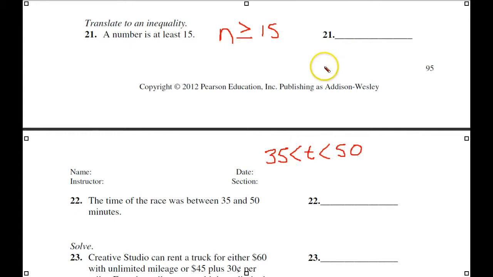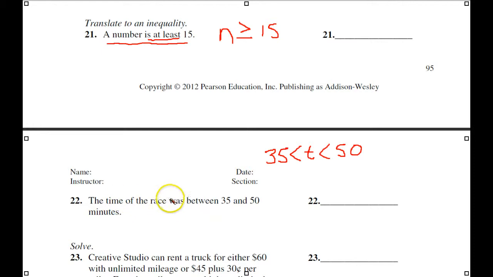All right, and as we get ready for applications, we're going to be converting English into algebra. A number is at least... well, this is the phrase for the symbol at least, greater than or equal to 15.